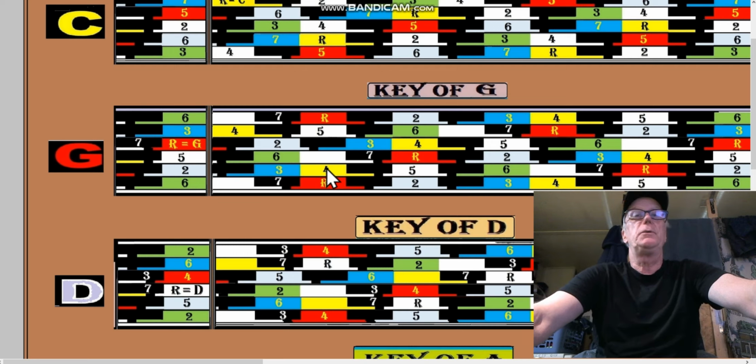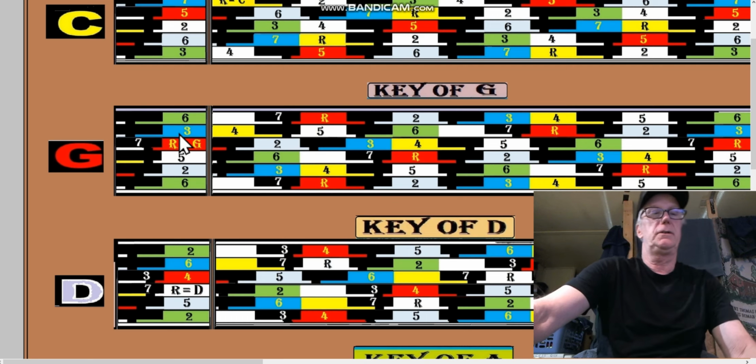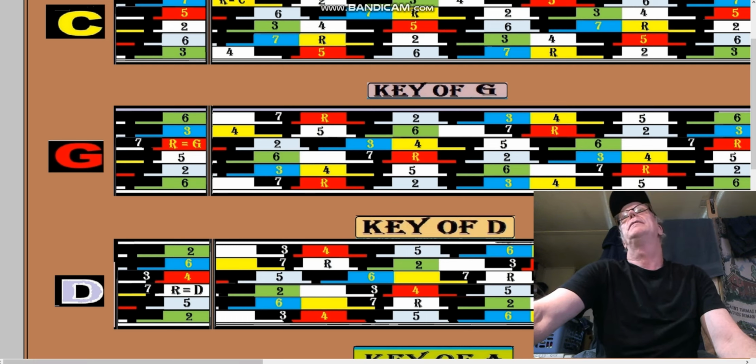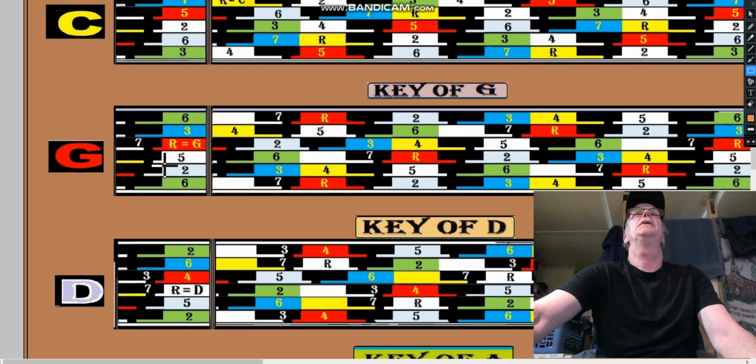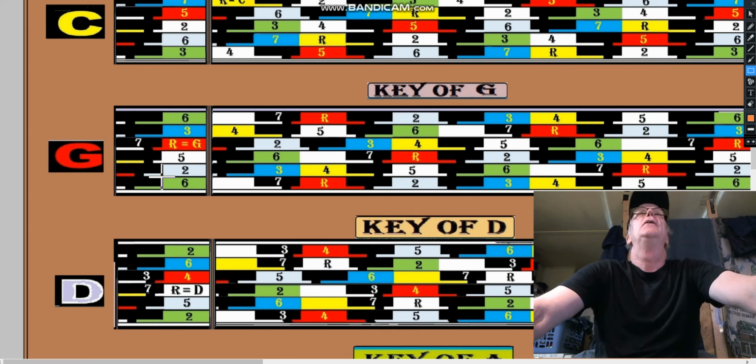Whenever you're in trouble, just keep counting: 5, 6. Well, what do we got? 7, root, 2. Right here, we have an S2L. Now this is characteristic of the C box: 3, 5, 6, root.